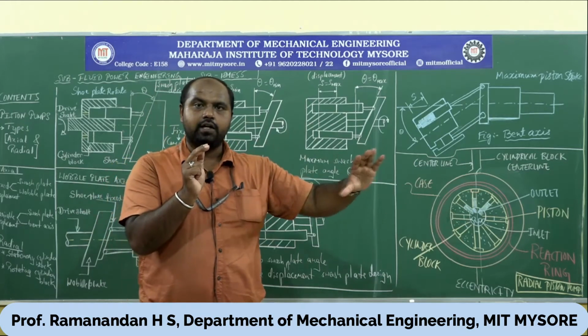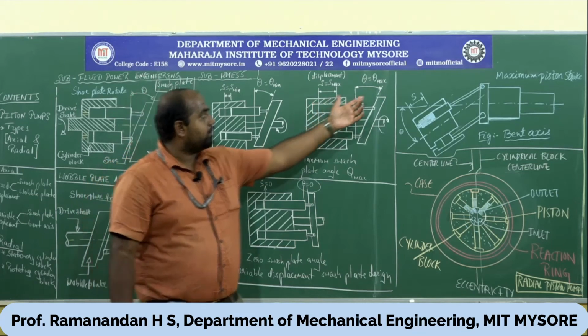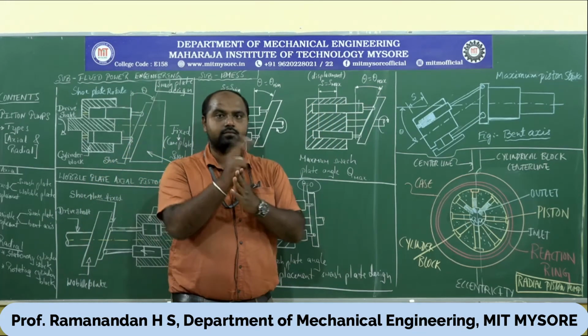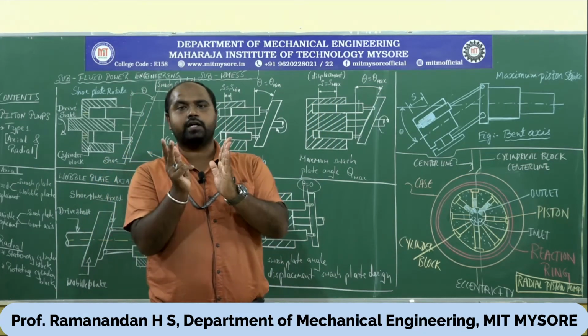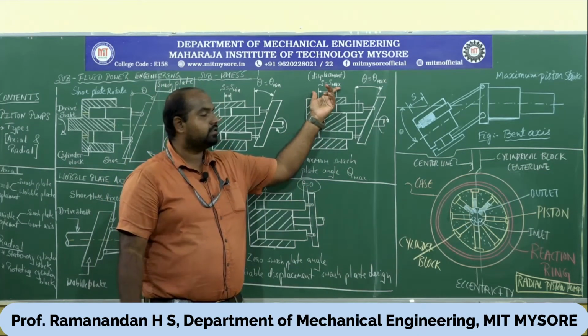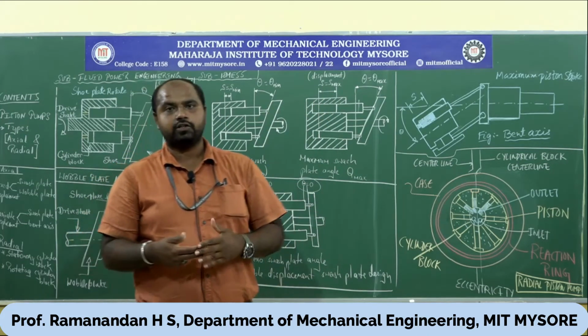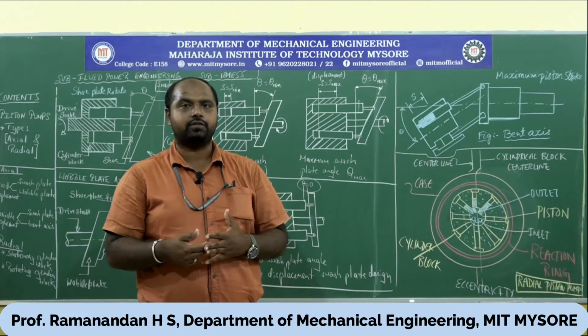That means less fluid is being discharged from the pump. If you provide maximum angle, obviously the piston can travel to the maximum stroke length. Discharge is also influenced by that, so you can get higher discharge from the pump.